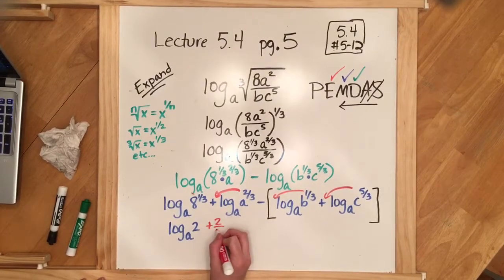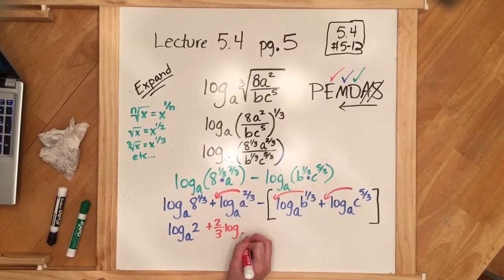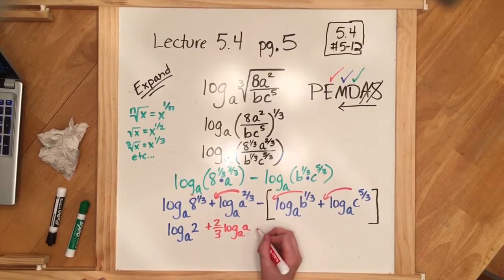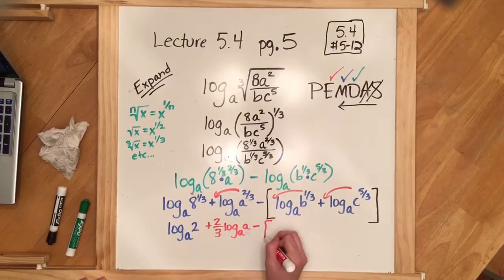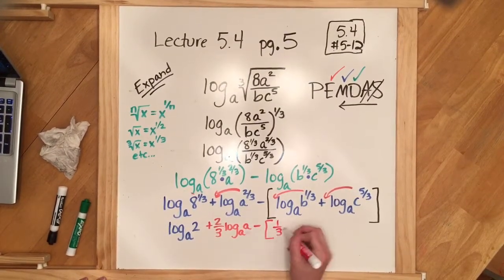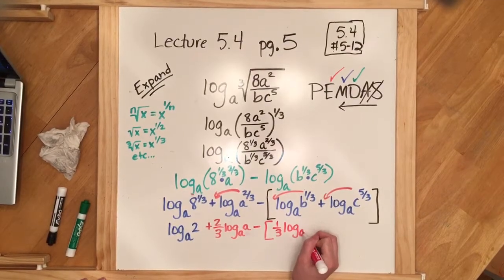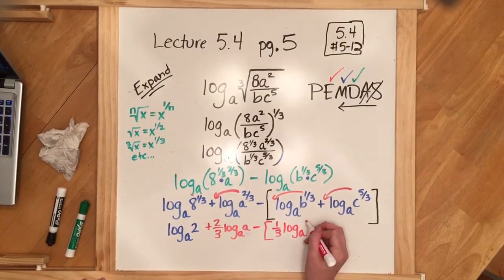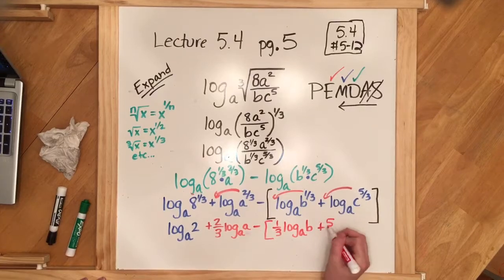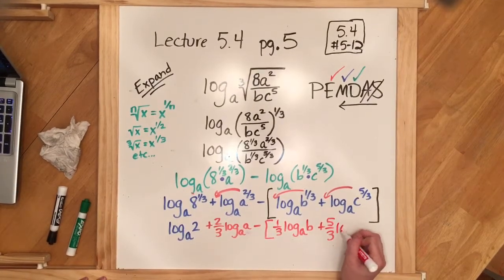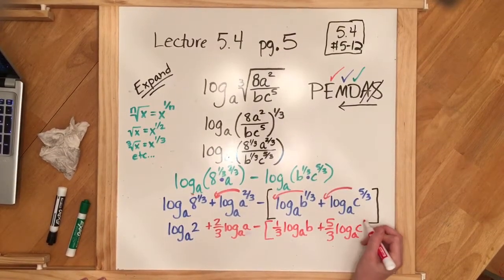Plus 2/3 log base a of a, minus, with a bracket, 1/3 log base a b, plus 5/3 log base a of c.